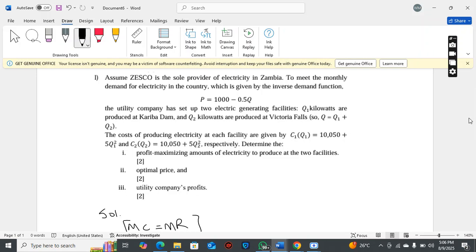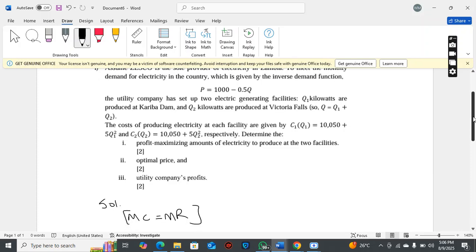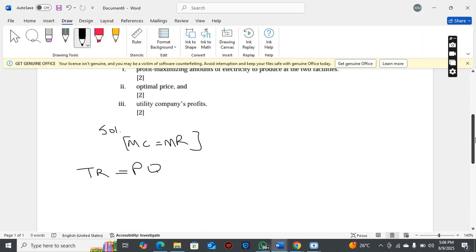So this method I'm showing you is the shortcut method. It will save you a lot of time when you're dealing with such questions. Initially, do everything as if there's just one facility. Assume there's one facility for the first part.